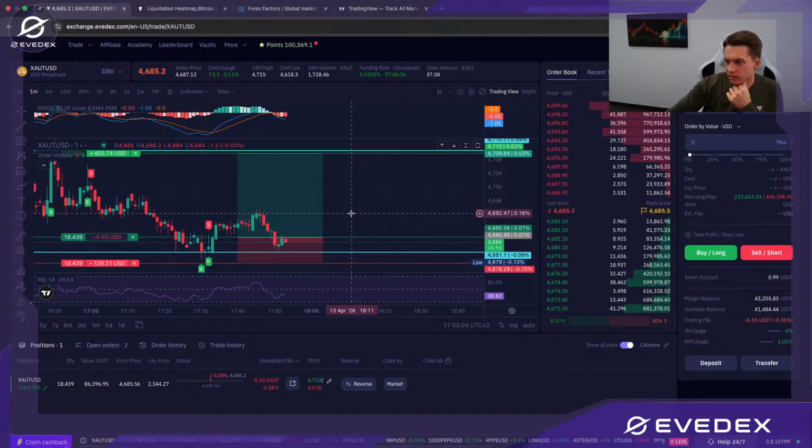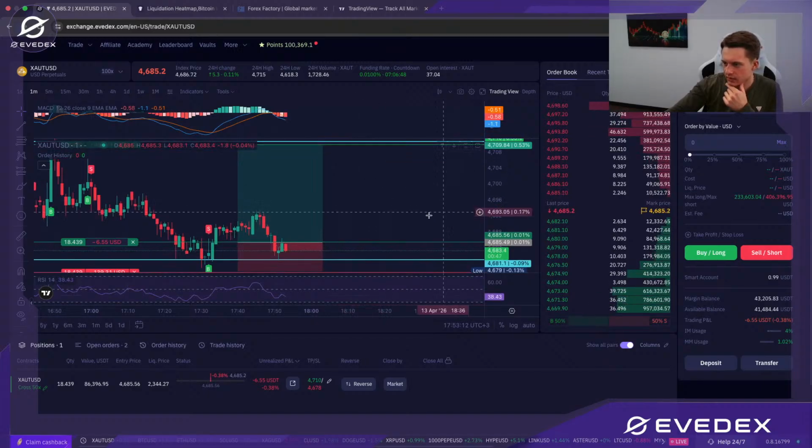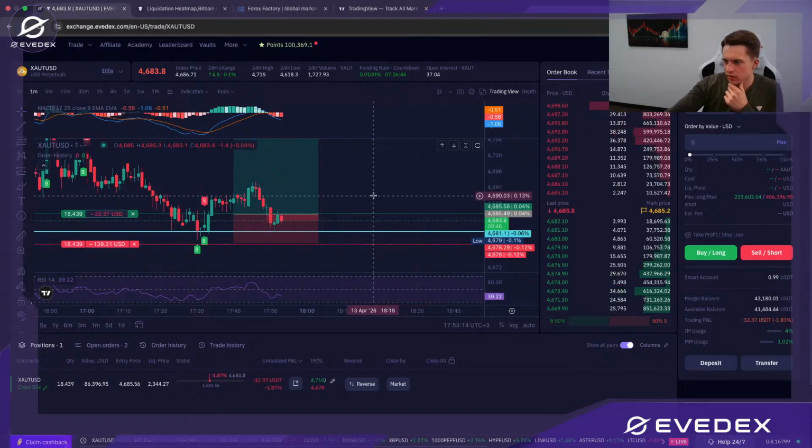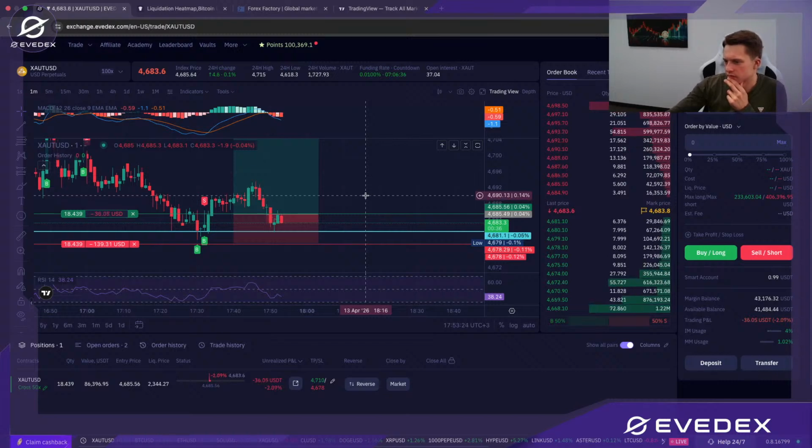Unless we get a break of that support level, which, you know, it could happen, as there seems to be a strong push from the sellers.